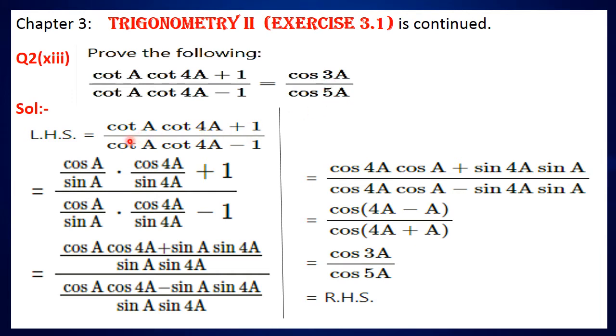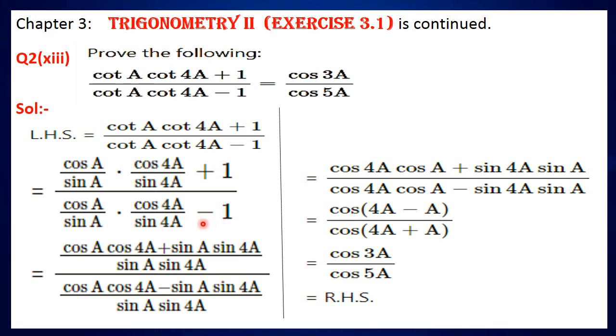So we rewrite the terms cot A and cot 4A as cos A upon sin A into cos 4A upon sin 4A plus 1, upon cos A upon sin A into cos 4A upon sin 4A minus 1.